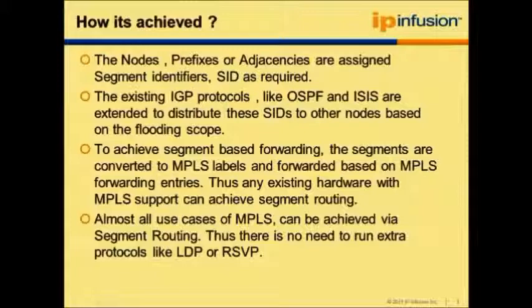And as I mentioned, all the use cases of MPLS can be achieved by segment routing, and there is no need to add extra protocols like LDP or RSVP. The existing IGP protocols can achieve, with these extensions, what the MPLS protocols were currently achieving.